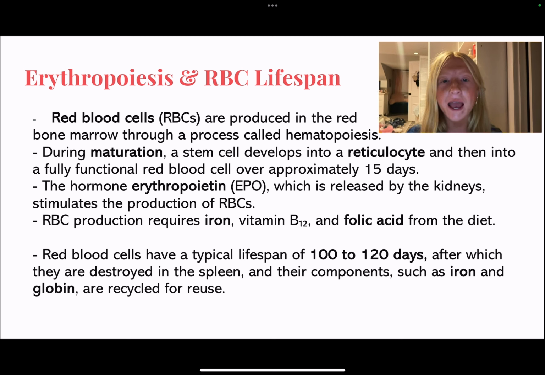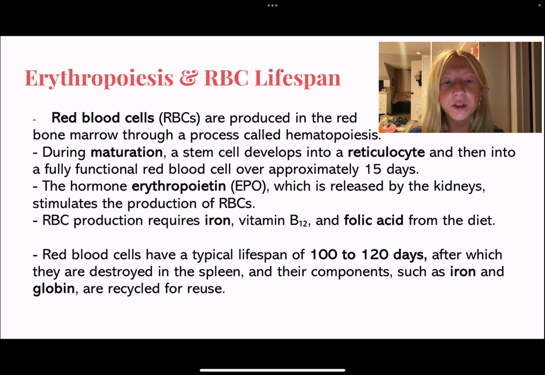Erythropoiesis and RBC lifespan. Red blood cells are produced in the red bone marrow through a process called hematopoiesis. During maturation, they develop into a reticulocyte and then a fully functional red blood cell over 15 days.